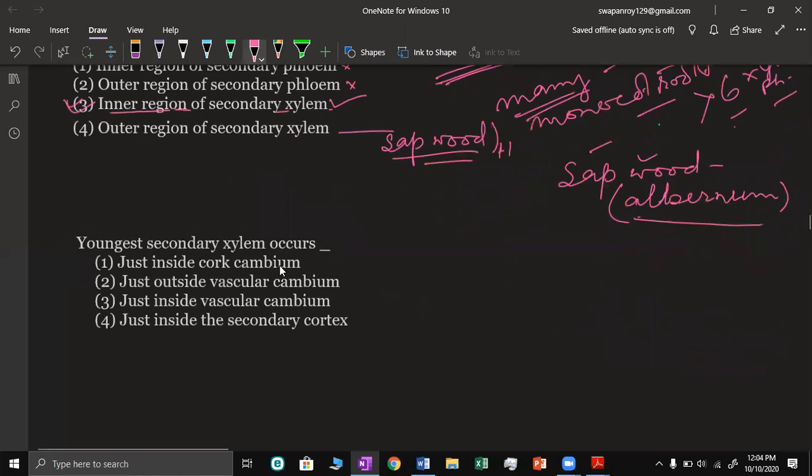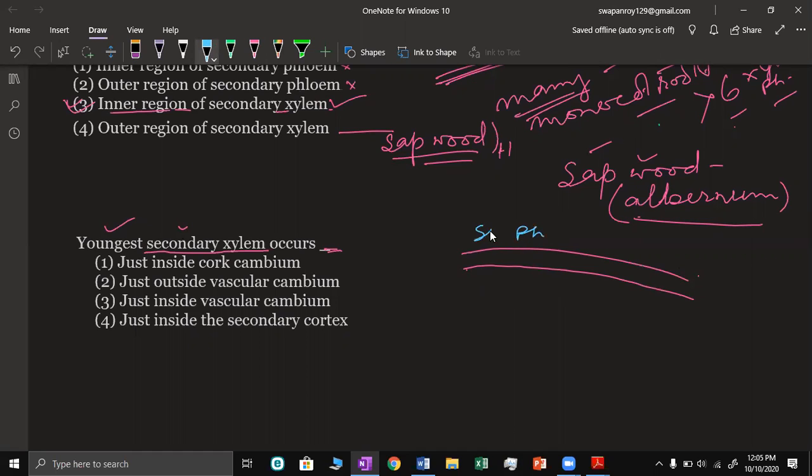The next question is more or less similar: where does the youngest secondary xylem occur? This is also during secondary growth. Youngest means the recently formed one. Say if this is the cambium, the vascular cambium will produce secondary phloem on this side and secondary xylem on this side.